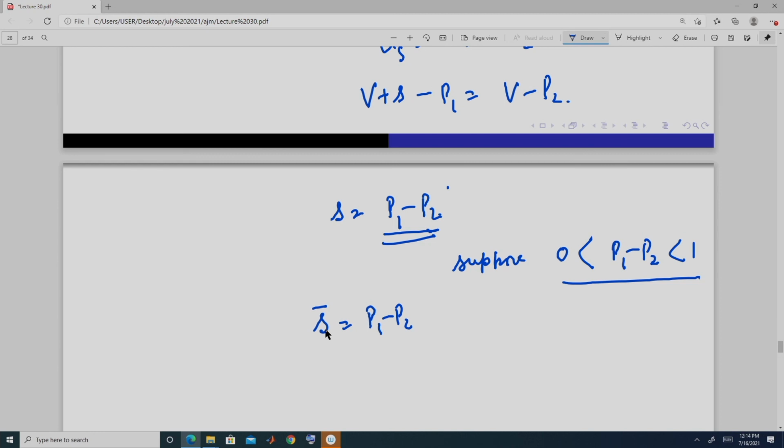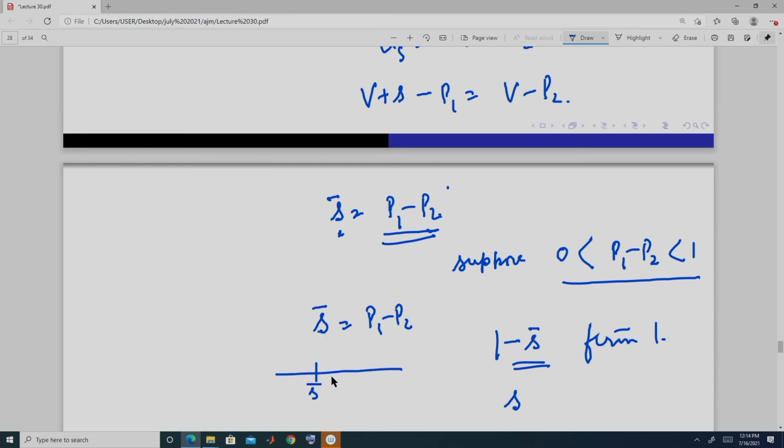The product of firm 1 is the same product with service, the product of firm 2 is only the product, no service. So, the market of firm 1 is 1 minus this S bar, and all these consumers are going to buy from firm 1.